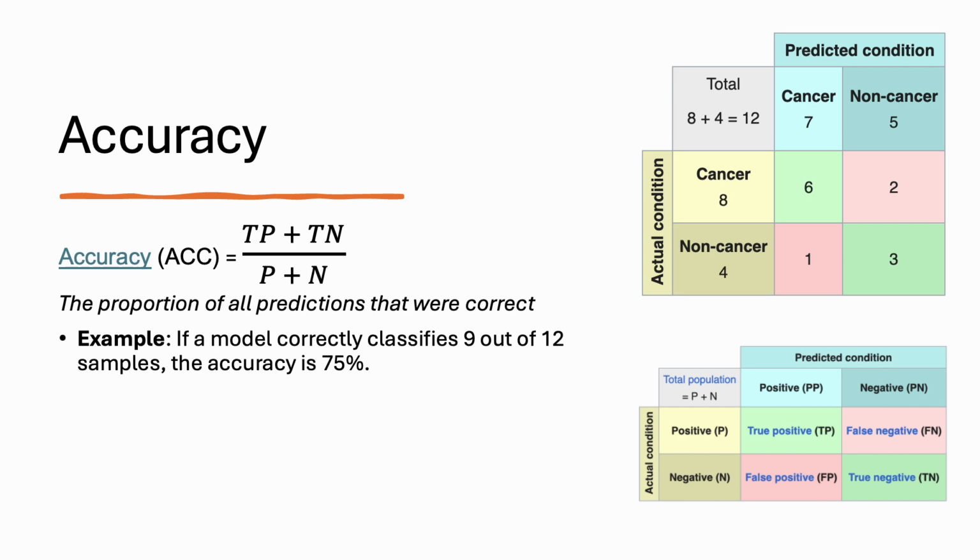So this is the proportion of all correct predictions divided by the total number of samples. In this example, it is 6 plus 3, and the total number of samples is 8 plus 4, which is 12. So it is 9 divided by 12, which results in 75% accuracy.